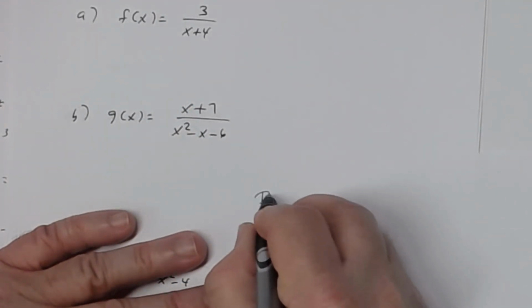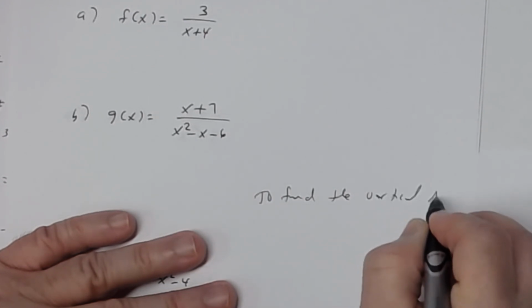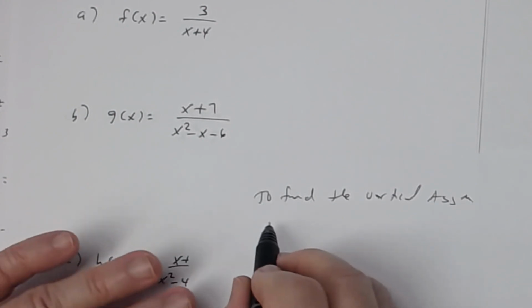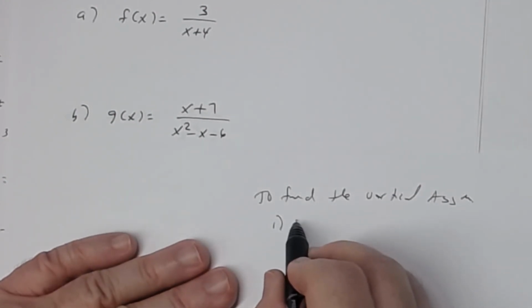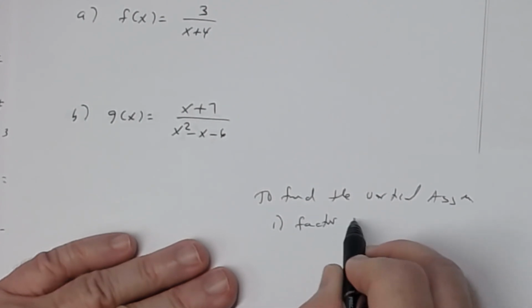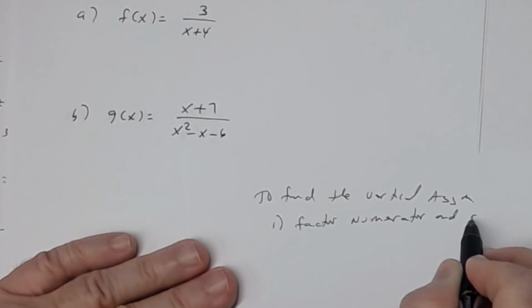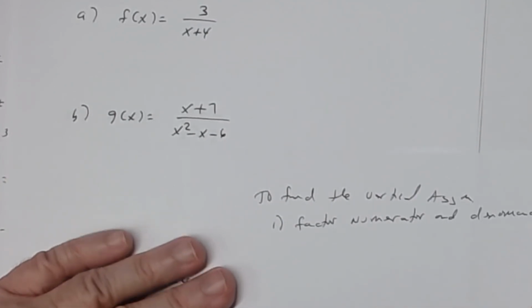To find the vertical asymptote, you're going to do this in steps, and then we'll think about it. Number one, factor numerator and denominator.